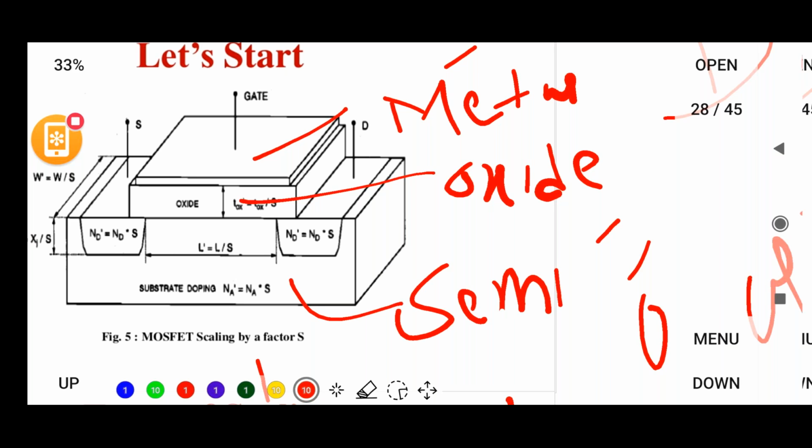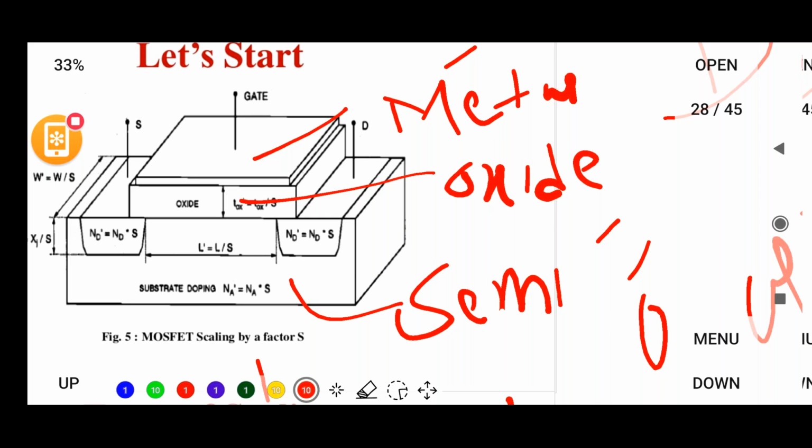So what is my objective in this slide? If you reduce W and L, the other parameters are also affected, because in the MOS transistor there are not only the two factors W and L. Some other parameters are also there, so we have to discuss all these parameters at the device level.